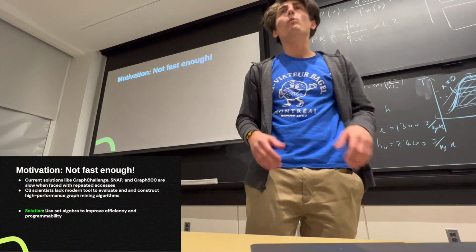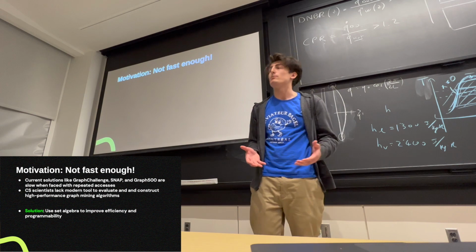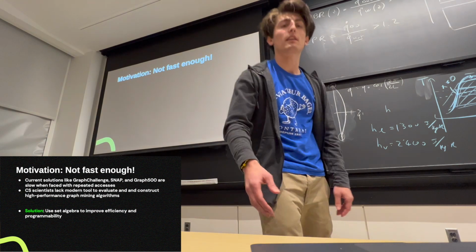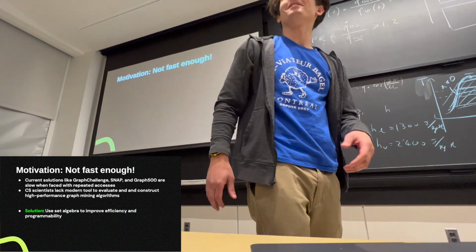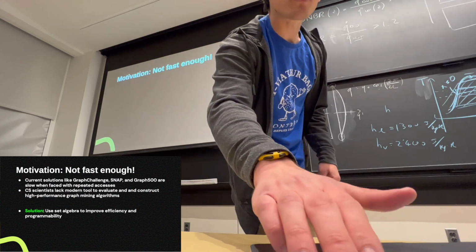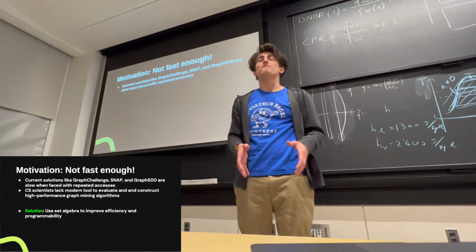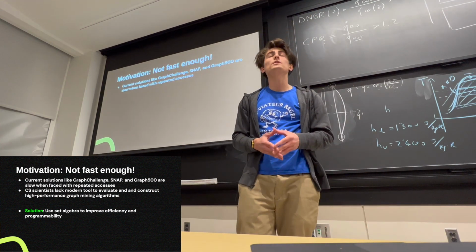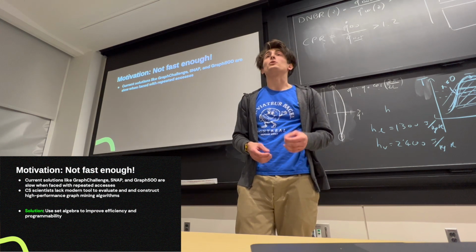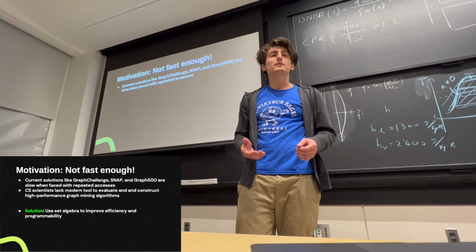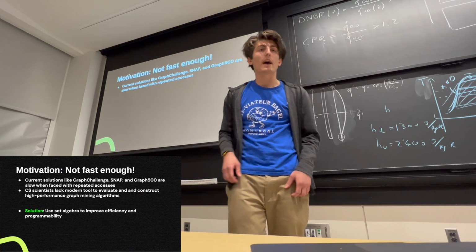Now, why are we even discussing this problem? Well, the motivation here is that, as we often see, what we have right now isn't fast enough. Some of the current solutions for analyzing graphs are listed here. One's called Graph Challenge.